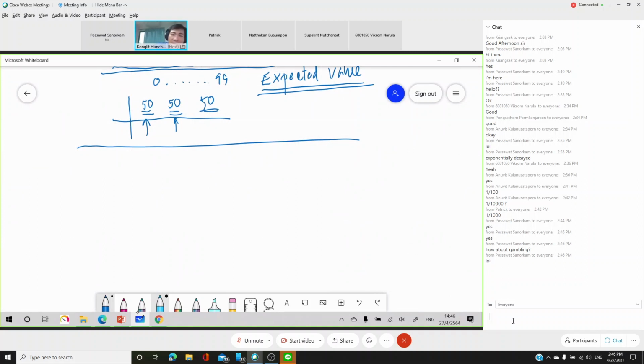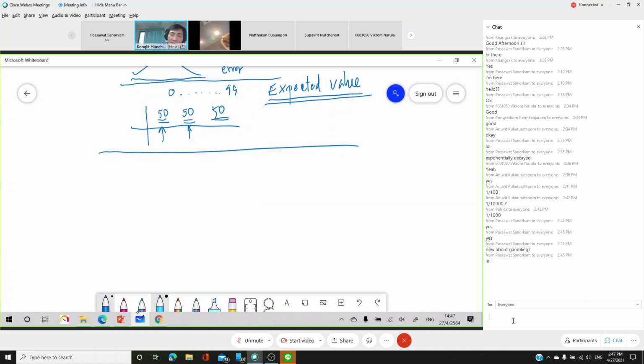If you know probabilities, then you would understand. Let's do this again. 1 over 100. Let's just make it the underground lottery. So if you want 2-digit, we're going to bet for the 2-digit number.